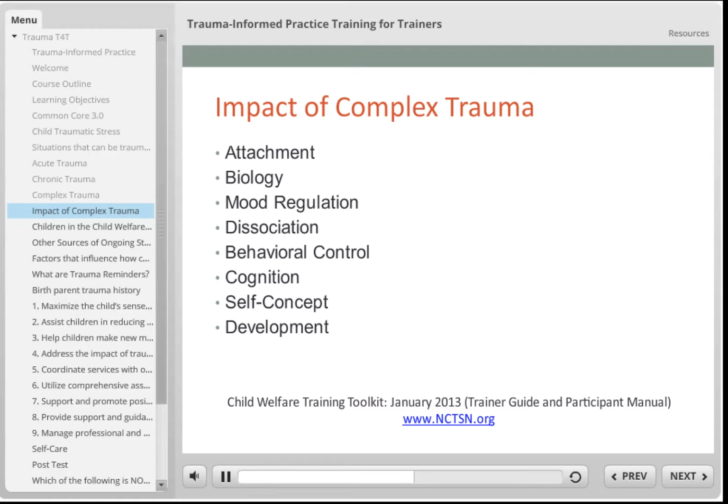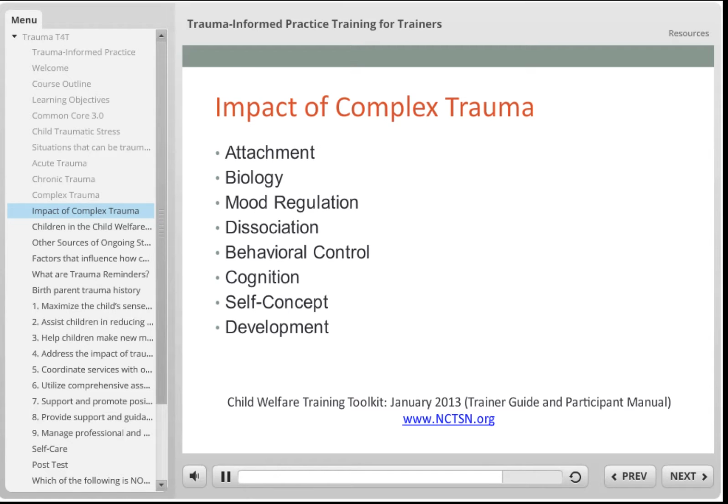Dissociation. Trauma-exposed children may experience a feeling of detachment or depersonalization, as if they are observing something happening to them that is unreal. Behavioral control. Children who have been traumatized can show poor impulse control, self-destructive behavior, and aggression towards others. Cognition. Children exposed to trauma can have problems focusing on and completing tasks, or problems planning for and anticipating future events.